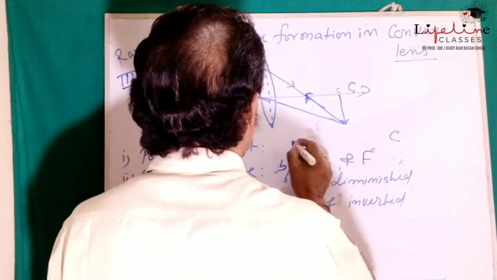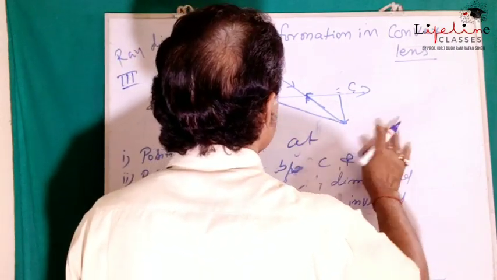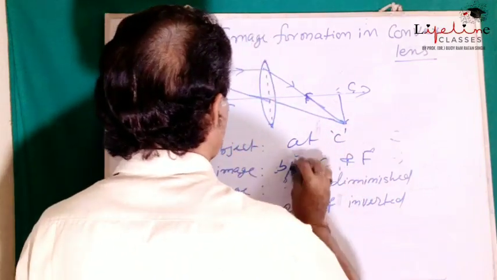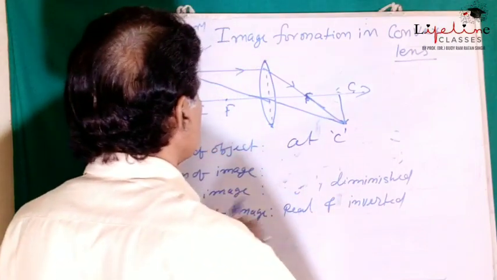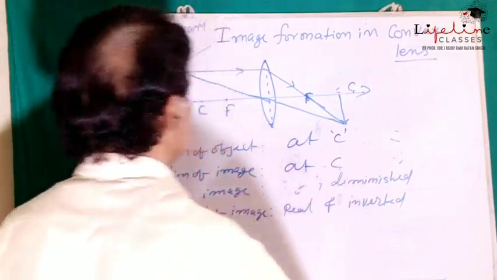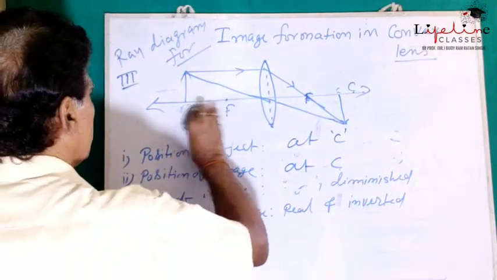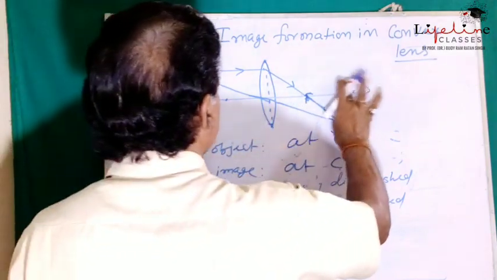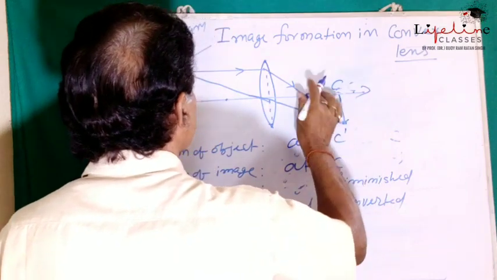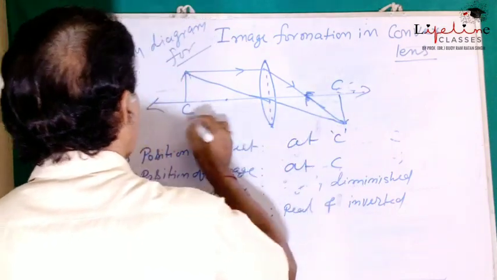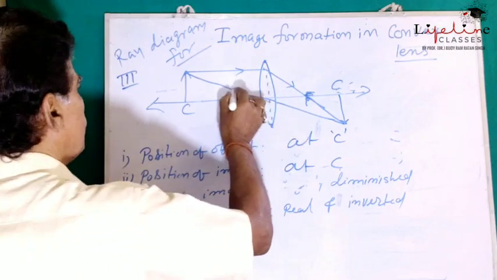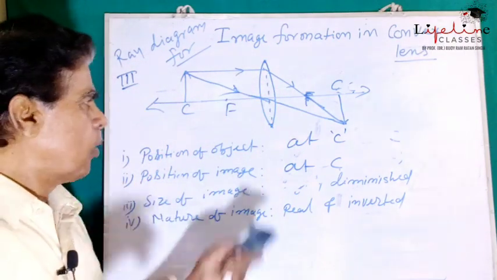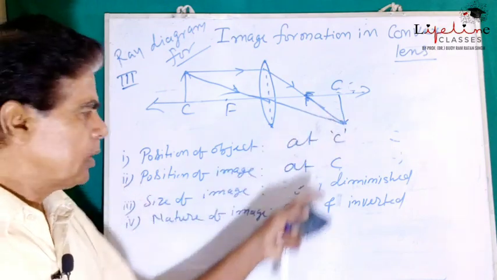The object is at C. Then the image will also be formed at C. See here, this is C, this is F. In this case, the image is formed at center of curvature.